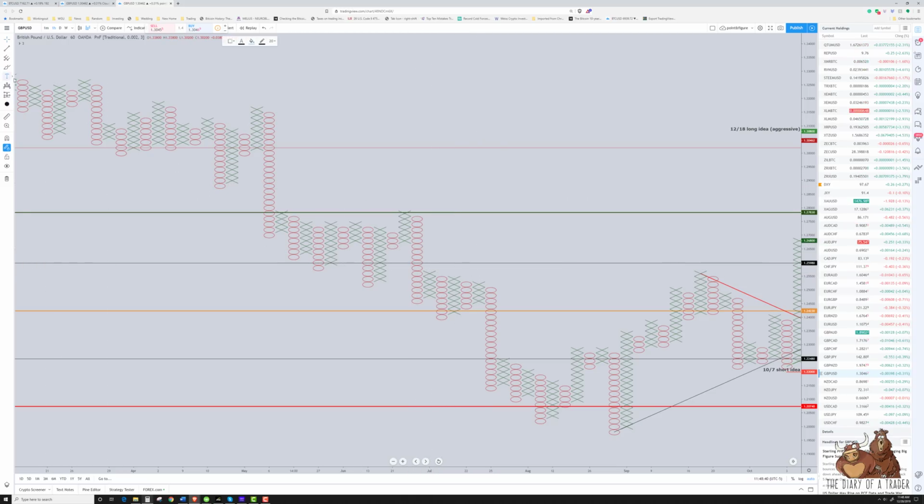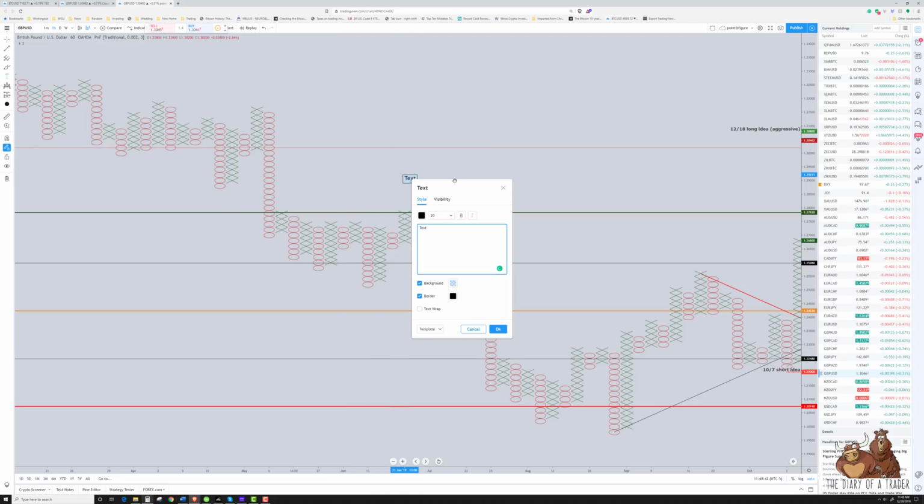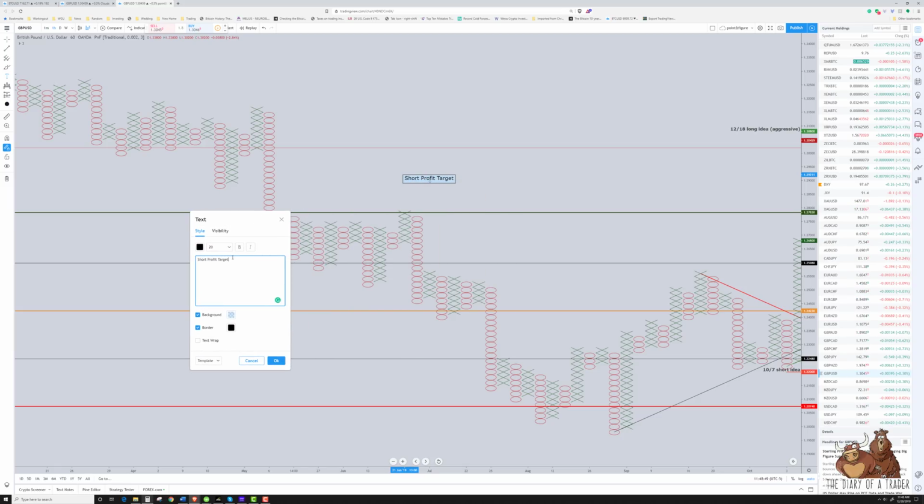How we do this is we count the number. If we're going to identify a short profit target, all we do is count the number of O's in the prior column. Again, if I've not seen anything else past this column of X's, I'm going to find this prior column of O's and count the number of O's in there.